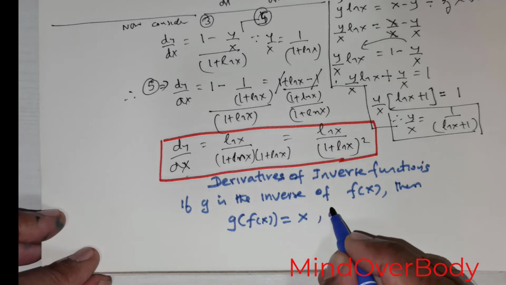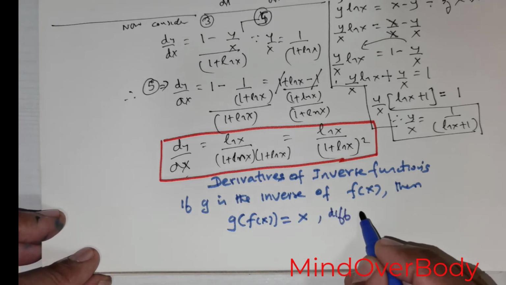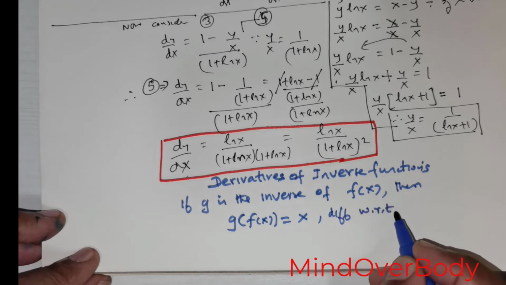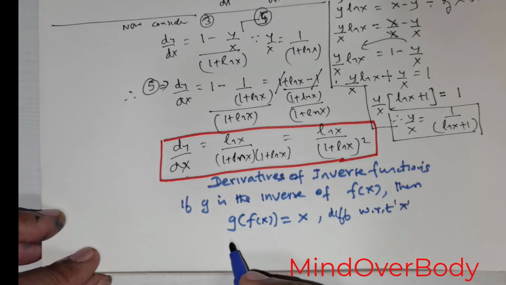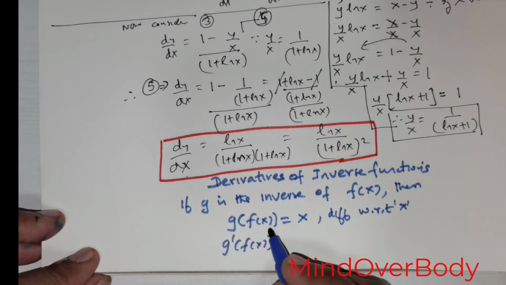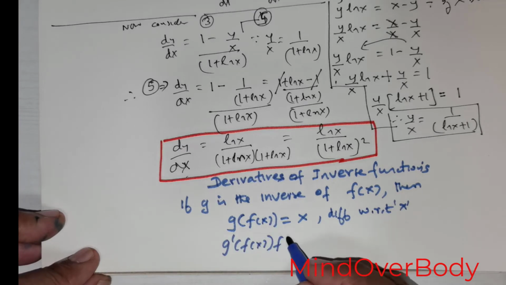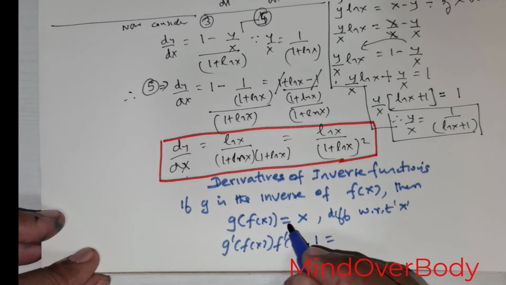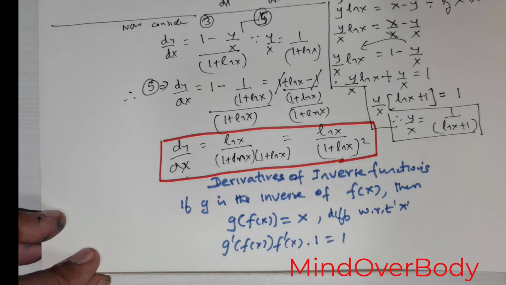Now if I were to differentiate both sides with respect to x, then I would get g dash of f of x times the differentiation of f of x, that's f dash of x, times the differentiation of x, that's going to be 1. On the right hand side I get 1 here.